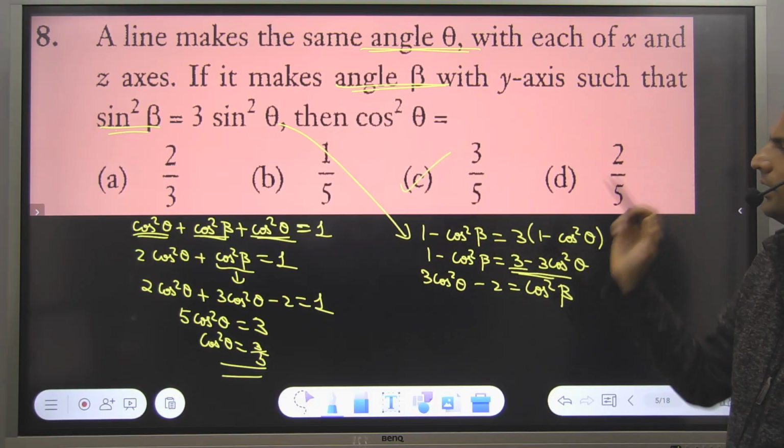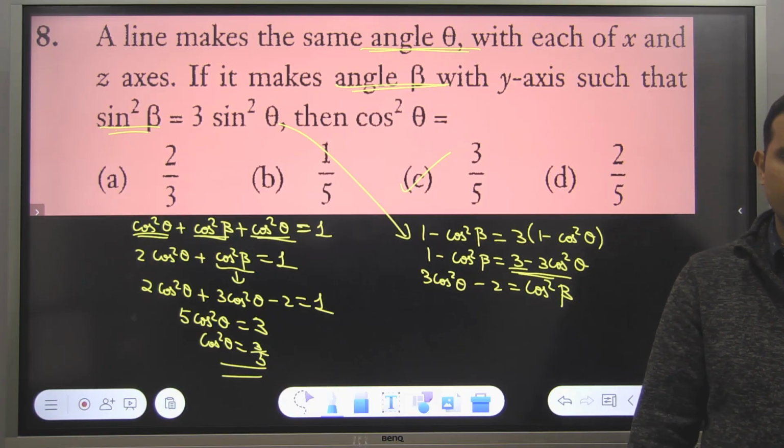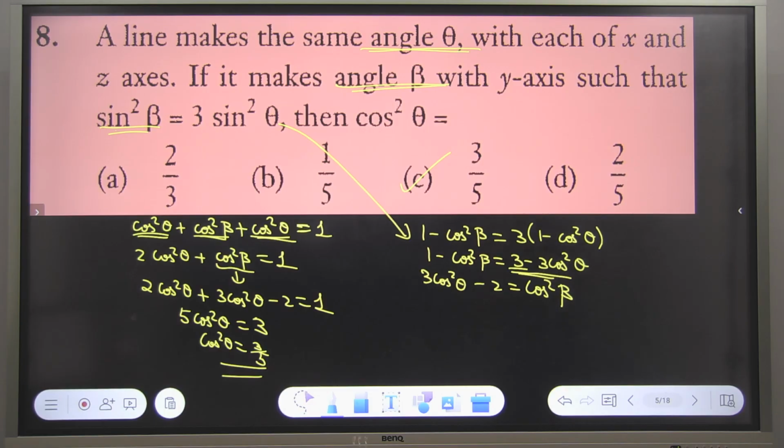What do you say? Is it very difficult or easy, this question? Students, please answer. Is it easy or difficult? Note down. I'll give you half a minute. Please write down. Then we'll move to the next one.